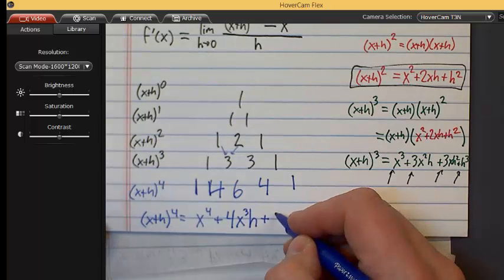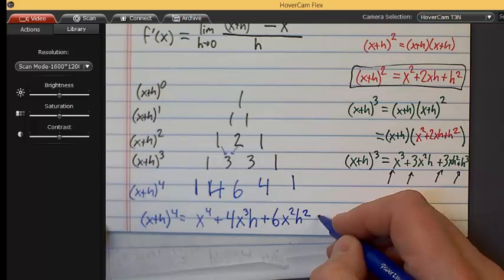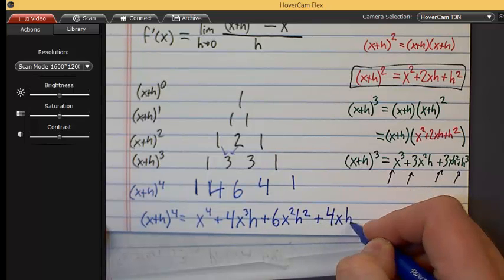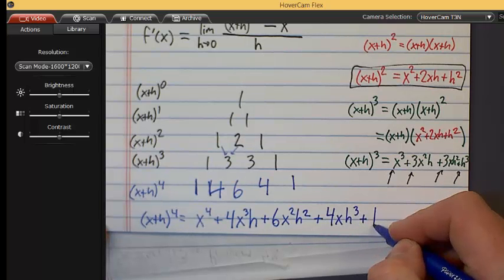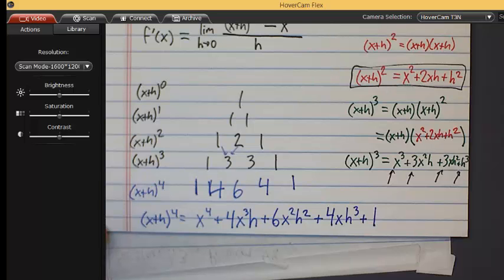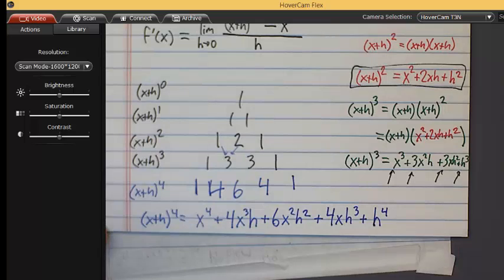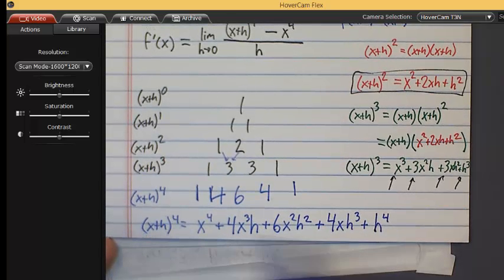What's next? Nice. 6x squared h squared plus 4x h to the third plus 1 h to the fourth. I should have known that. The first term had to be x to the fourth. The last term had to be h to the fourth.